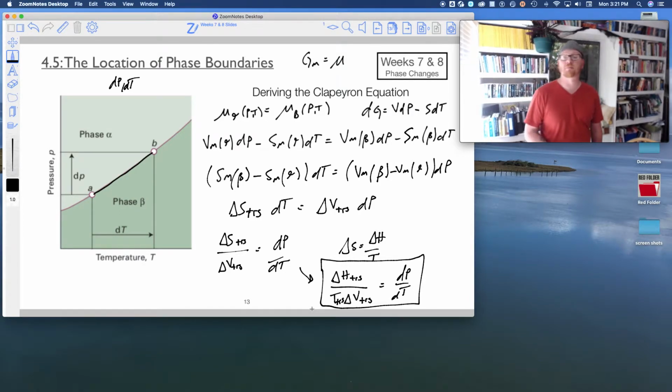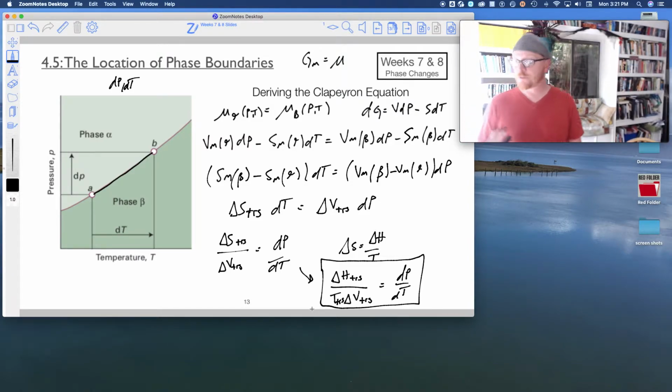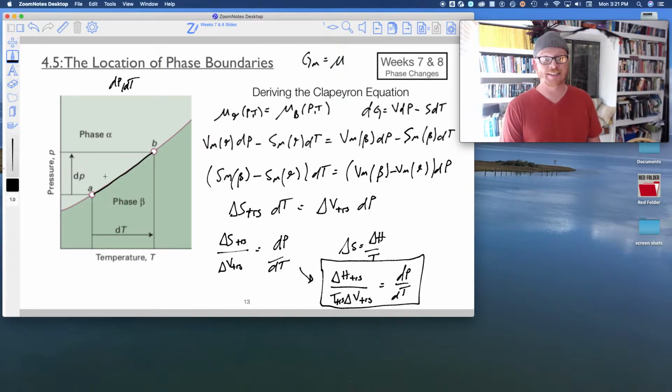So this gives us the boundary between any phases. It says dP by dT equals delta H divided by T times delta V. And then we note that this is reversible because we start by saying set the two chemical potentials equal to each other. Okay, so I'm going to keep going.